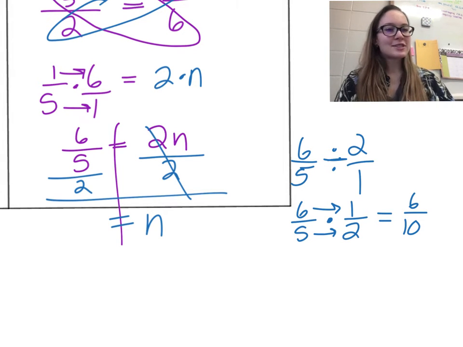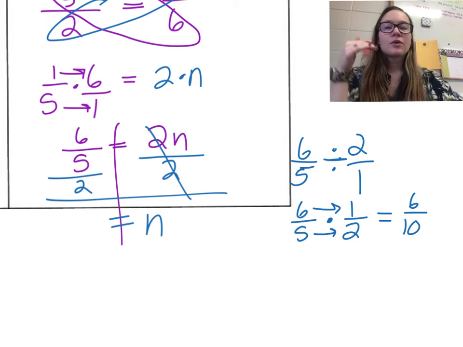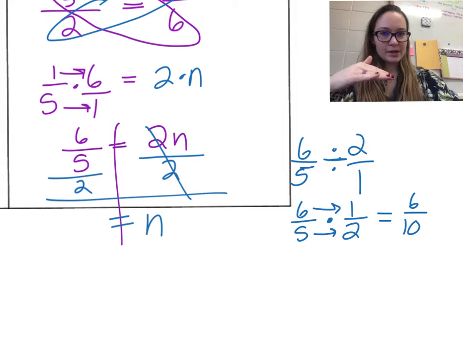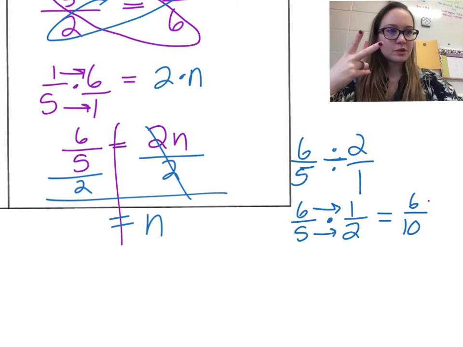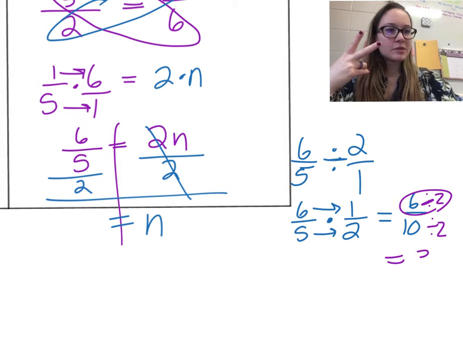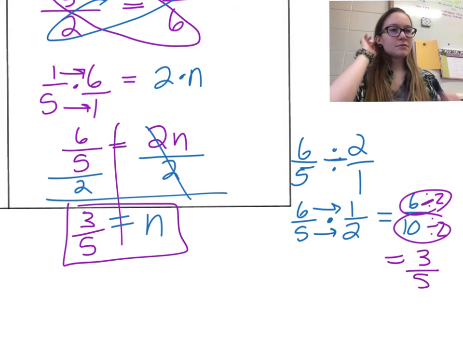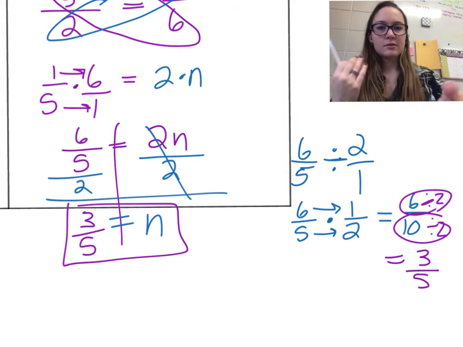Always reduce your fractions, guys. Okay? So think, what can you divide both 6 and 10 by? Answer's 2. They're both even. 6 divided by 2 is 3. 10 divided by 2 is 5. Okay, so our answer is 3/5.